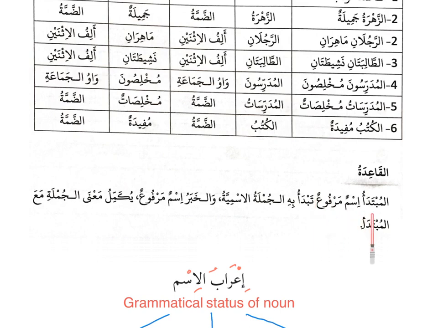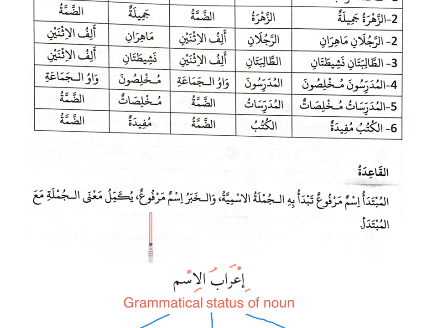Now we know that mubtada is a noun and it must be in the state of marfu'. That is the hukm, the state of al-mubtada. And if you look at the khabar, khabar is ismun marfu' as well, which means that khabar is also in the state of marfu'.